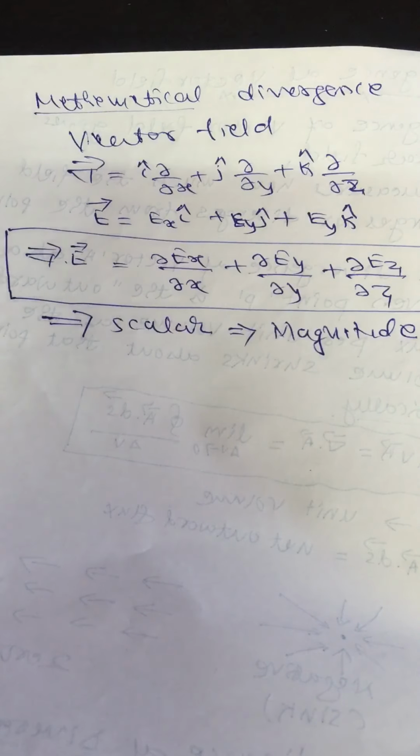If the vector field E in Cartesian coordinates is written with respect to x, y, z directions, you may write vector E is equal to Ex i cap plus Ey j cap plus Ez k cap. That should be z, not y.